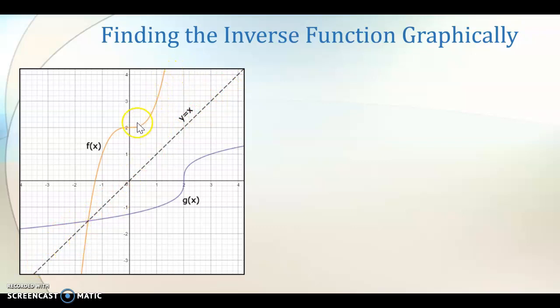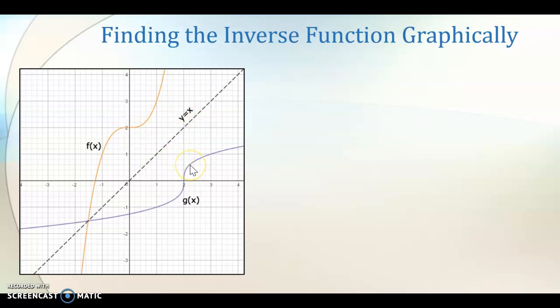Let's say this is the original function f(x). The inverse function is basically the reflection of this function through the line y equals x. So the reflection of this function through this straight line is g(x).